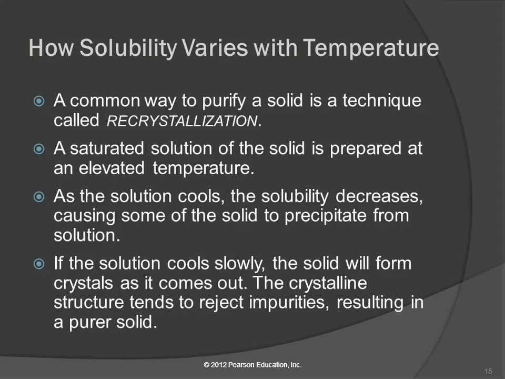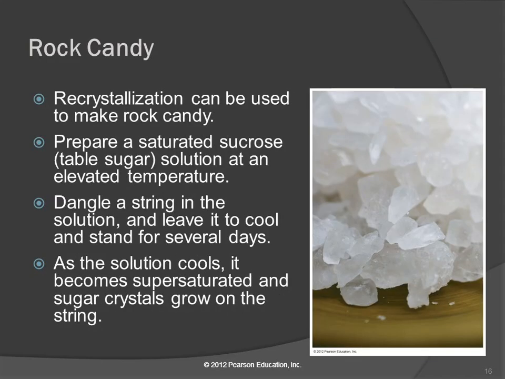And as that happens, that solute will precipitate out. When it precipitates out slowly, and the crystals form slowly, they tend to exclude impurities. When it precipitates quickly, it's common for impurities to get trapped inside. So when you do it slowly, the crystalline structure tends to reject impurities, and it gets you a purer solid, and they tend to have better crystal structure too.